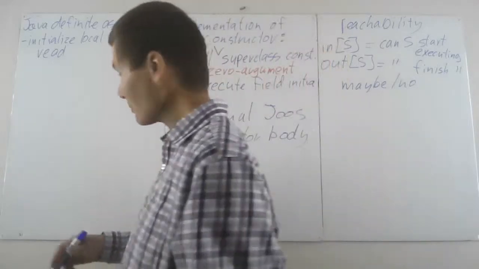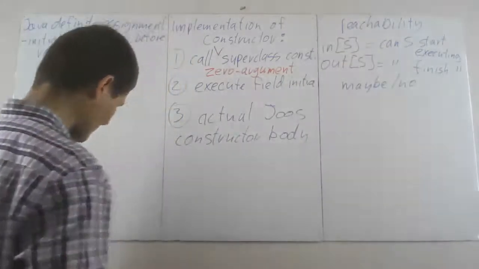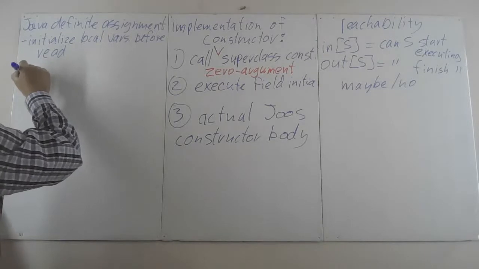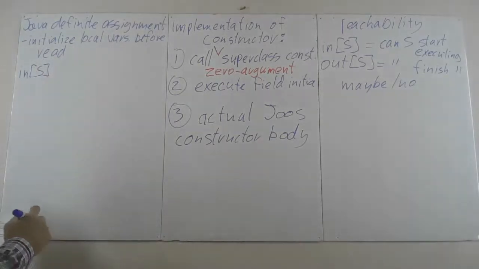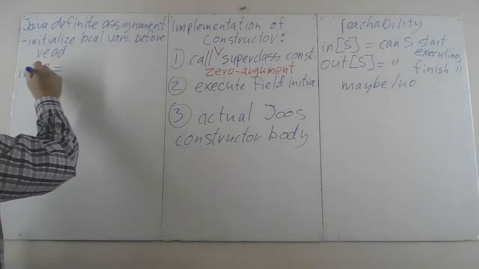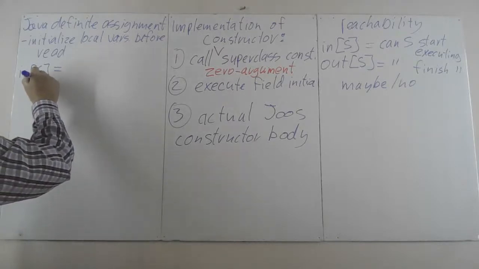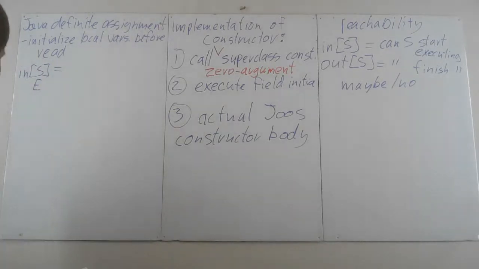Okay, and so the way we're going to set up this analysis is with in and out sets like before, but the sets are going to be more interesting now. So I'm going to have, for each statement S, and actually, S can also be an expression E. So we're going to change things around. We're going to have these facts not only for statements, but also for expressions and sub-expressions.